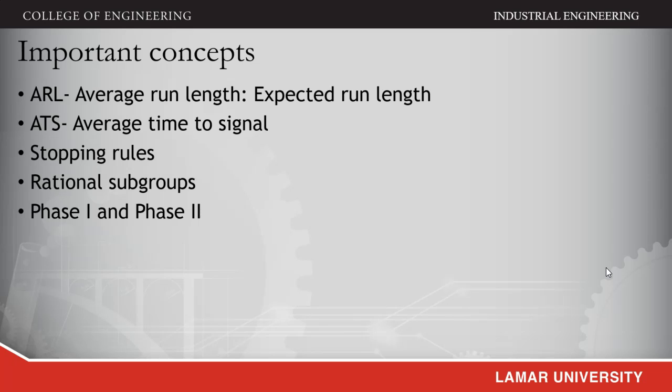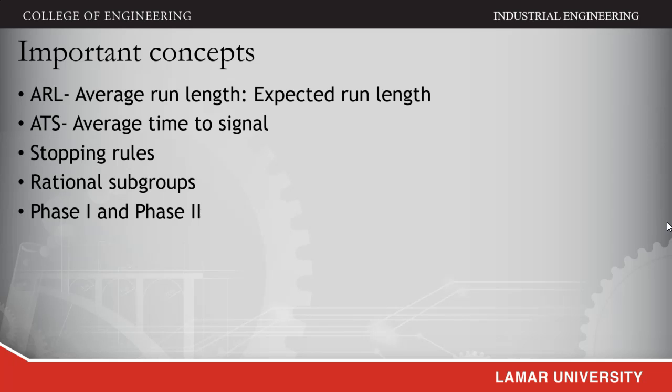Phase 1 is used to go back in time based on previous samples and identify the potential causes of variation, in such a way that we filter out the changes and special causes, and if we manage to reduce those special causes, then we have a process that is performing in accordance with what the process is capable of, given the nature of the tools, the nature of the manufacturing process, the nature of the training of the personnel we have, etc. In phase 2, once the process has been established as in statistical control, then we use phase 2 to monitor.